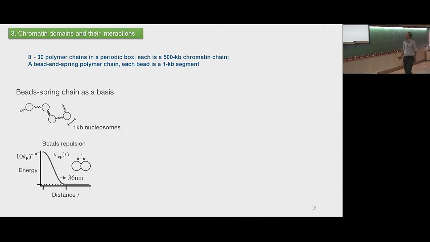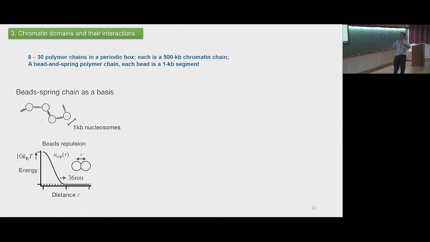To do that, we developed a polymer model. We assume 8 or 30 polymer chains in a periodic box. Each chain is 500 kilobases in length, and each chain is a bead and spring polymer chain, where each bead corresponds to a 1 kilobase segment.